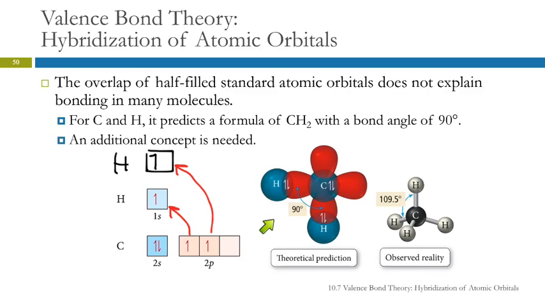We do not observe CH2 as a stable molecule. And the bond angles here are 109.5 degrees. So something is missing with this theory, right? And so the question, well, do those take up the other orbital that's here? Yes, it's a little more complicated than that.